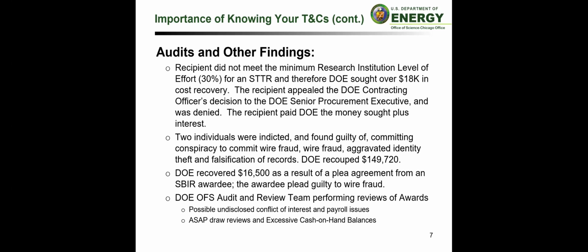So we went back to the recipient and recovered about $18,000 in federal costs for that noncompliance. Companies had criminal proceedings, found guilty of fraud, wire fraud, tax evasion, false claims, etc. It takes a lot of time for everybody, and again, we don't want to go down that path. But if something is brought to our attention, we do have to act on it.